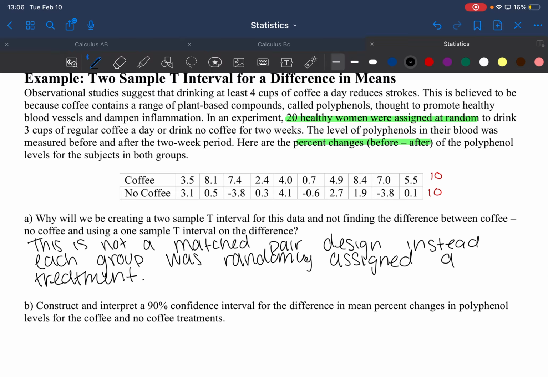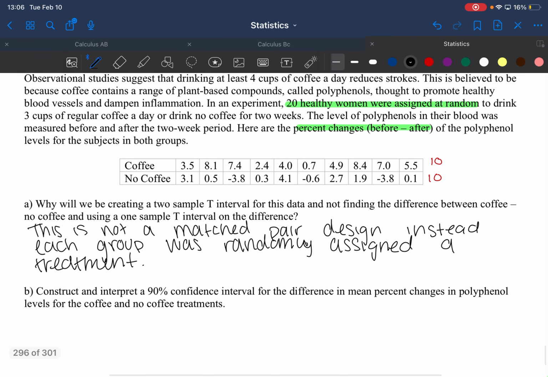Okay, so again, 10 women said you need to drink coffee for 2 weeks, at least 3 cups a day. Okay, the other 10 said no coffee at all for 2 weeks straight. Okay, then they collected their results. So that's the big difference between a 2-sample t interval and a 1-sample t interval for difference.